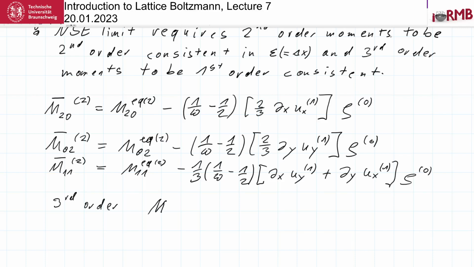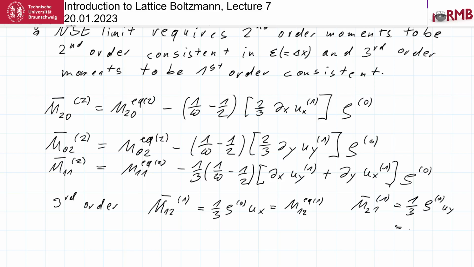because M12, this is one of them that we have, is equal to 1/3 rho 0 ux, which is exactly the equilibrium. Yeah. So this would be M12 equilibrium to first order, and M21 is 1/3 rho 0 uy, and this is M21 equilibrium 1.